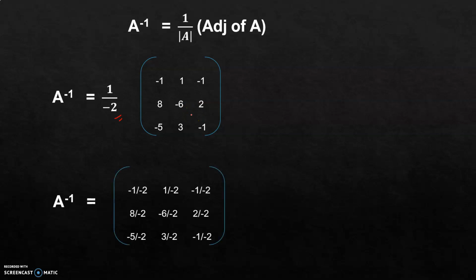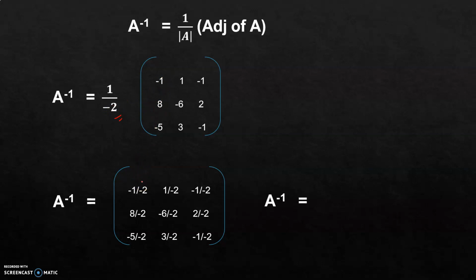So we need to multiply 1 by minus 2 with all the elements. I hope you are understanding, or you can remember the scalar multiplication we discussed in the first classes. We need to multiply this scalar with each element of the given matrix. So minus 1 into 1 by minus 2, 1 into 1 by minus 2, just like that. That means we need to divide every element by minus 2.